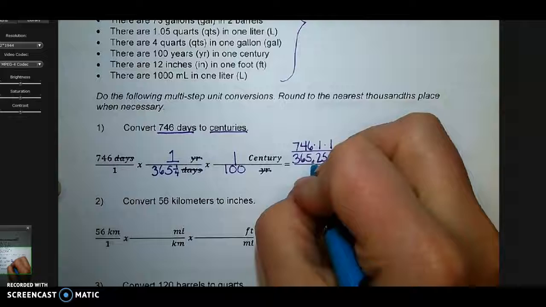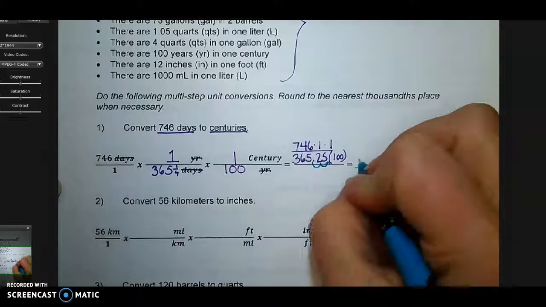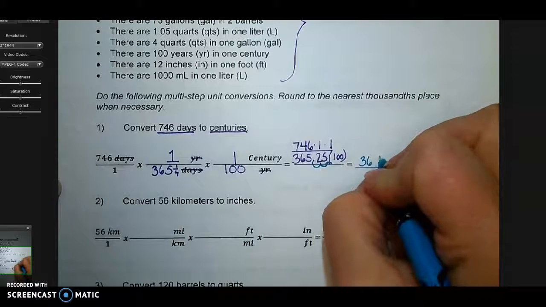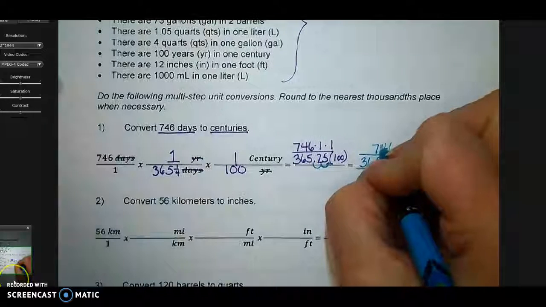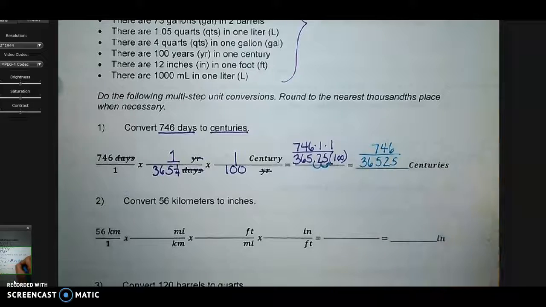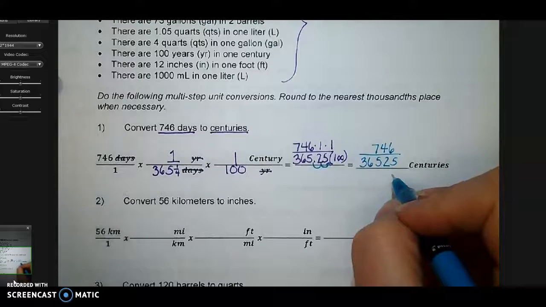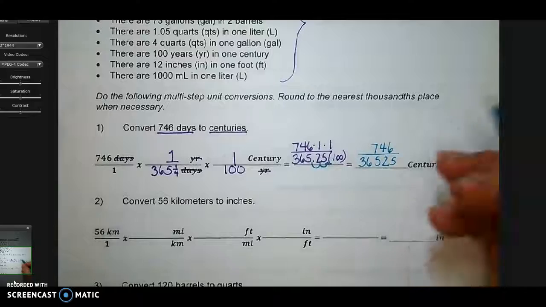I'm just going to move the decimal point like so. So 746 over 36,525, which sounds really strange.